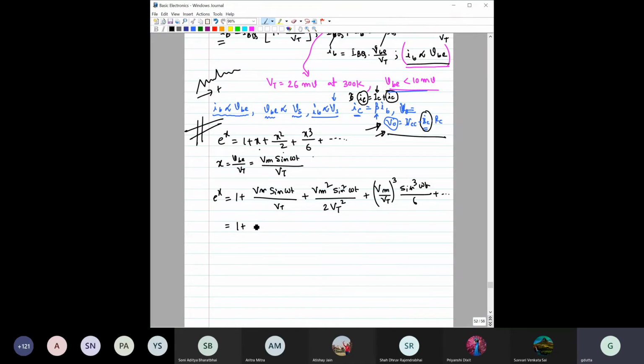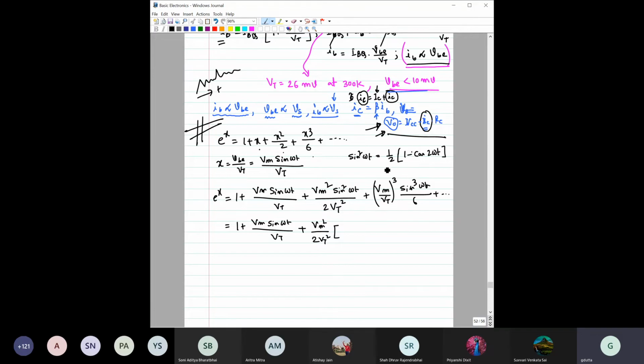So here it would be 1 plus Vm sine of omega t by Vt plus Vm square by 2 Vt square, right? See, this is sine square omega t, right? Sine square omega t can be written as half of 1 minus cos of 2 omega t, right?